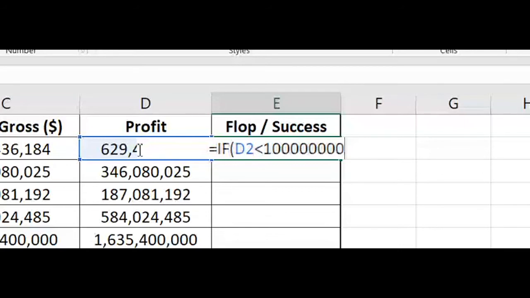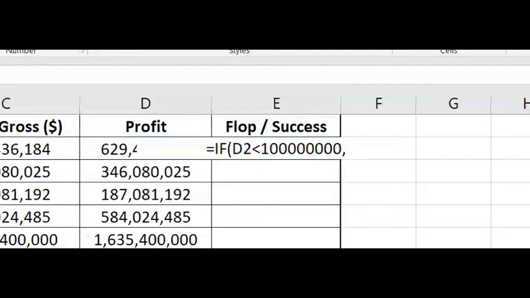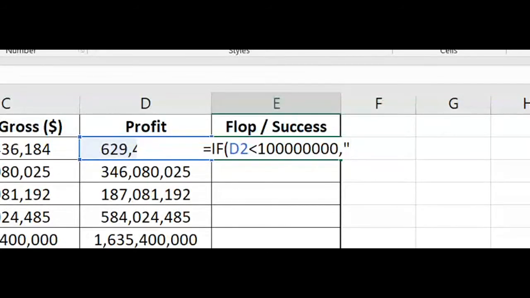And then, followed by an open quotation. Okay? And then, what we put inside the quotation is the remarks that we would like to appear on the column E. So, sabi natin kapag less than 100 million, dapat flop.